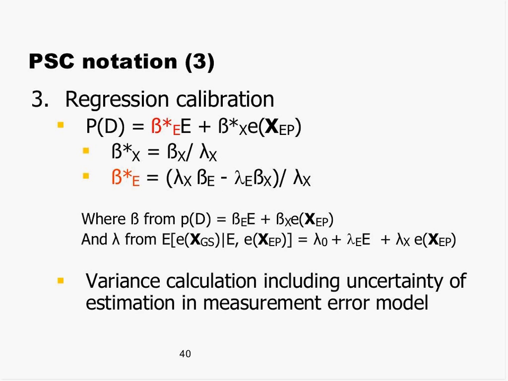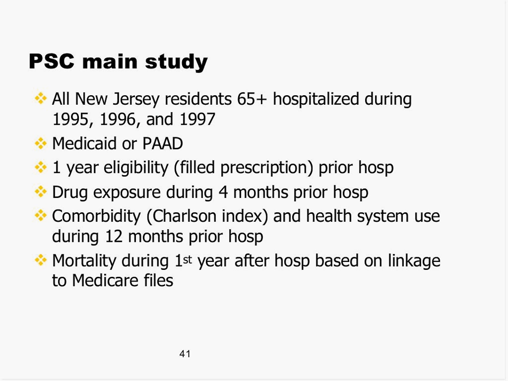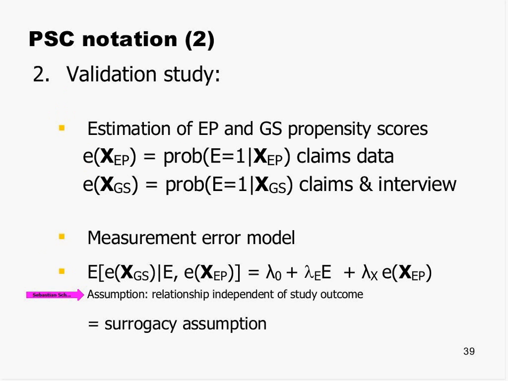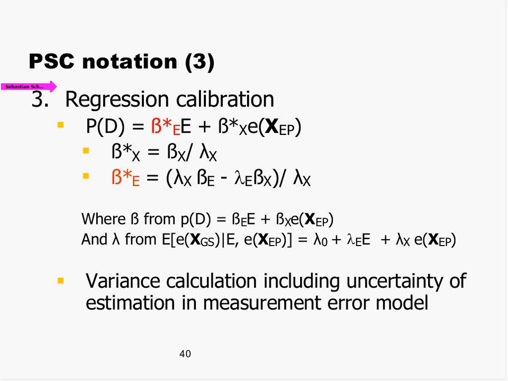And then in step 3, you go back to the main study, where you have the disease outcome here, and you have the beta star, which can be the corrected effect of the exposure, and the correction is displayed here.